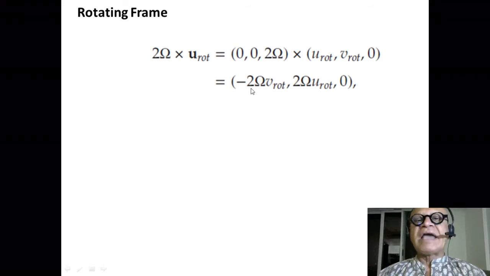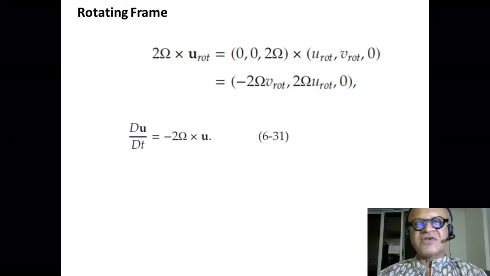You will get minus 2 omega v rotational in the x direction, 2 omega u rotational in the y direction, and 0 in the z direction. This becomes critical to understand when we go to the sphere. Coriolis is acting in the x and y direction, but not in the z direction. That's simply derived here.